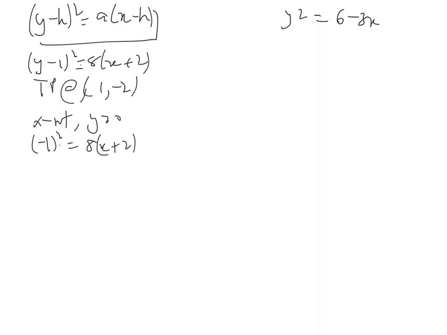So from there we'll have 1 over 8 equals x plus 2. We bring our 2 to the other side and we end up with 1 over 8 minus 16 over 8. And we get -15 over 8.